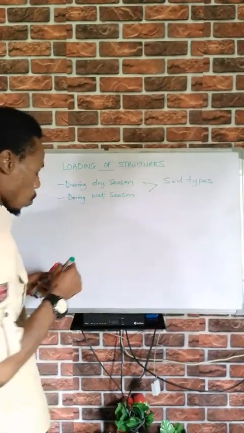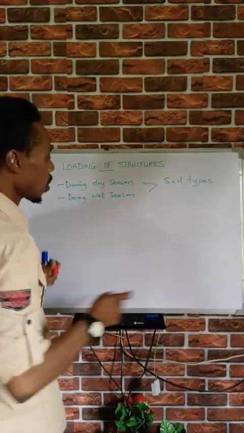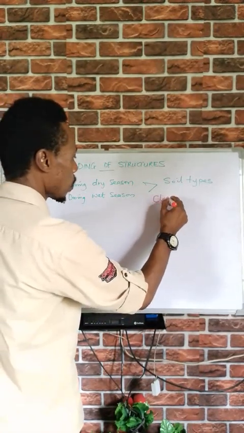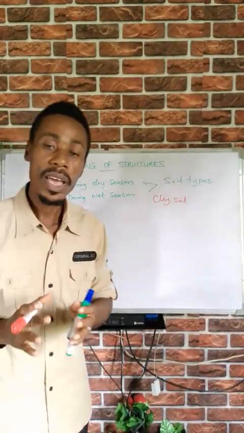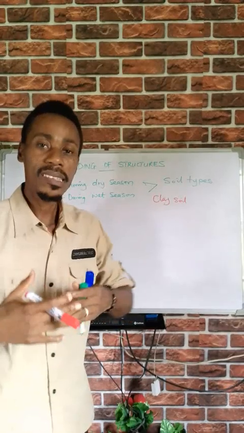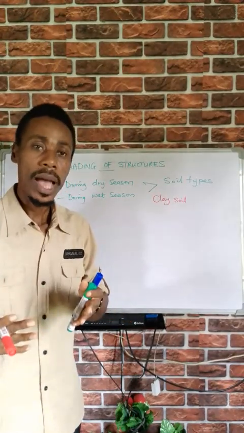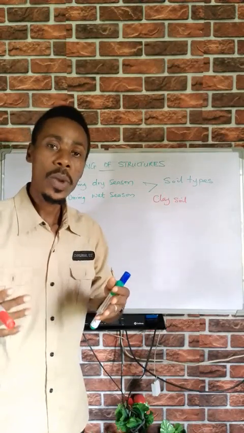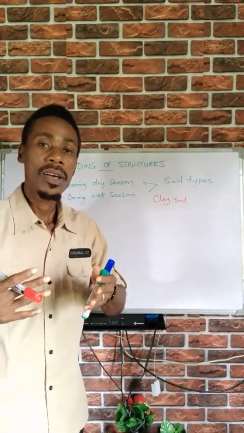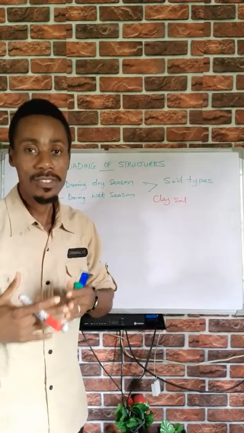Now we're going to look at clay soil, for example. As you know, clay soil is very compressible. It has that expansive nature and is dynamic, such that it swells when it is wet and shrinks when it is dry.